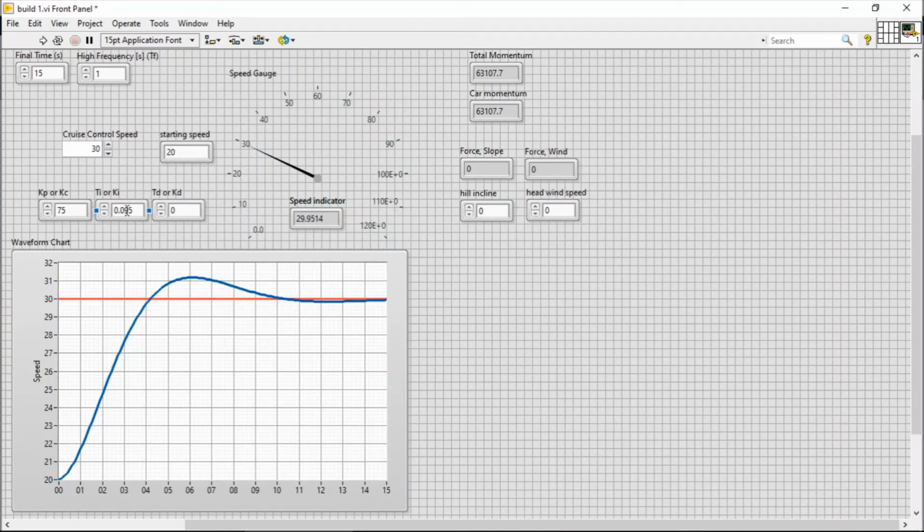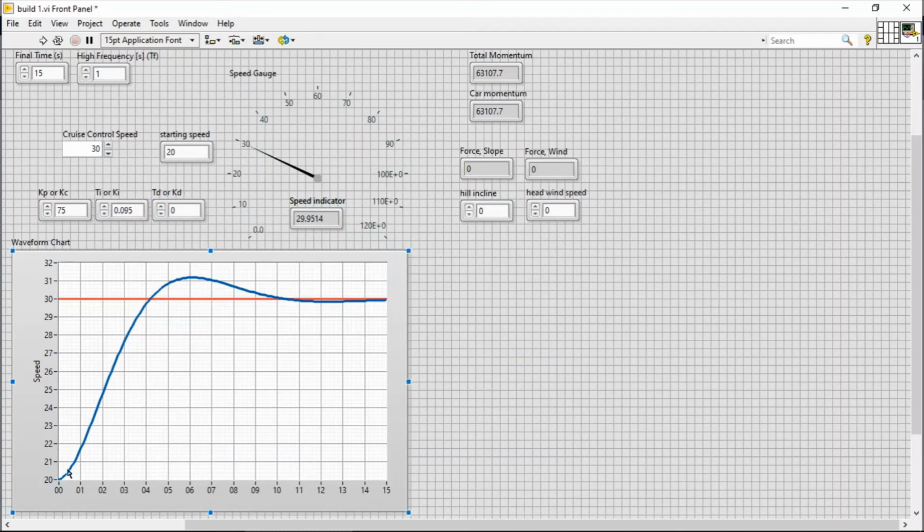And just from being in class and reading a lot of sources, for the most part, a lot of systems don't use any kind of derivative, so they leave this at 0.